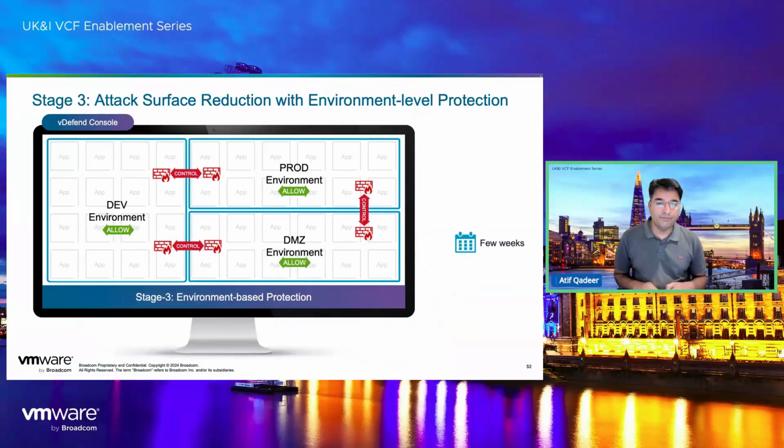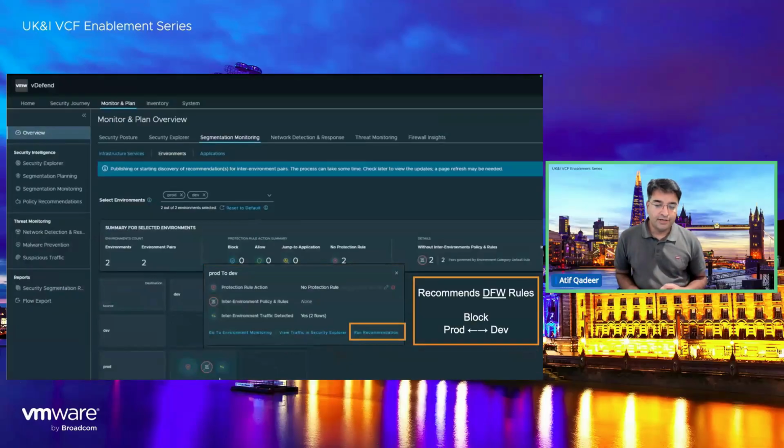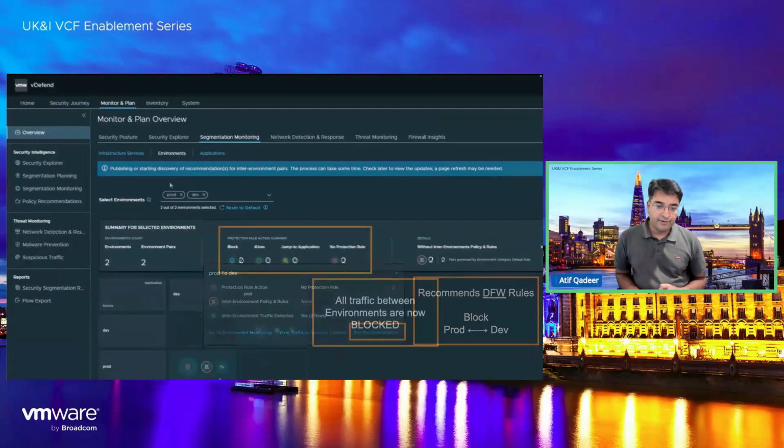For example, you may want to leak some traffic from prod to dev for many reasons. Sometimes you may have a UAT process that asks you to do that. You may need DMZ access into dev or prod as well. So we add controls, and the system helps you identify that, so that you can look at those recommendations.